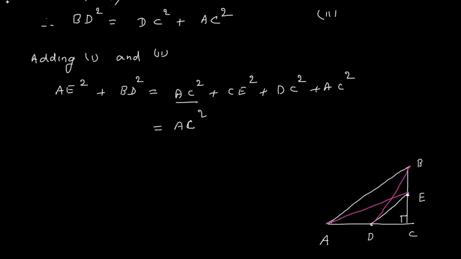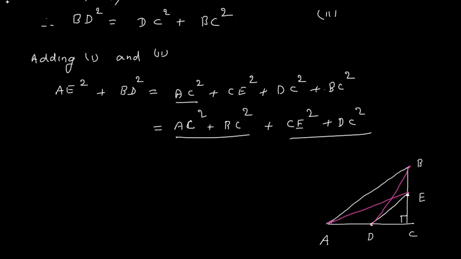This is not AC square, this is BC square, and here it is BC, so here it is BC square. So AC square plus BC square I will write together, and then this CE square plus this DC square I will write together.